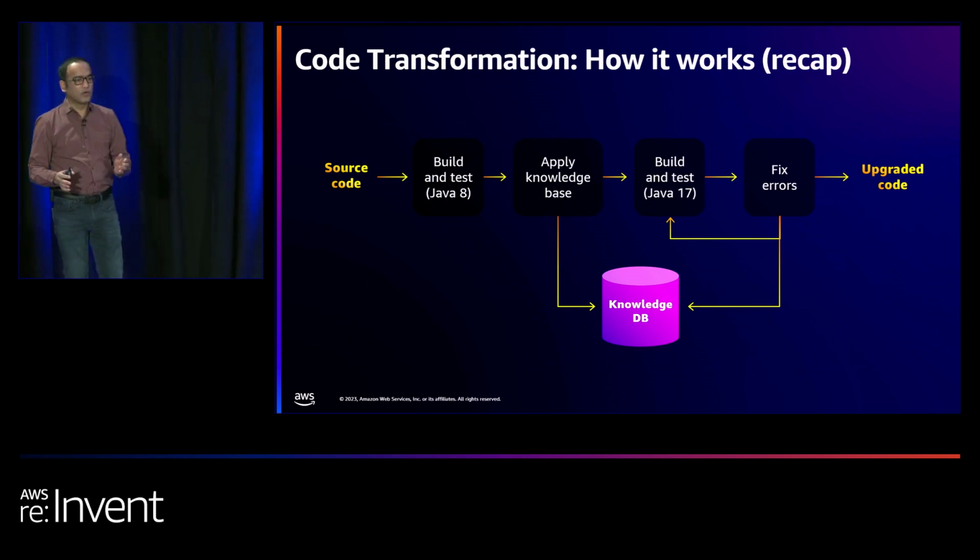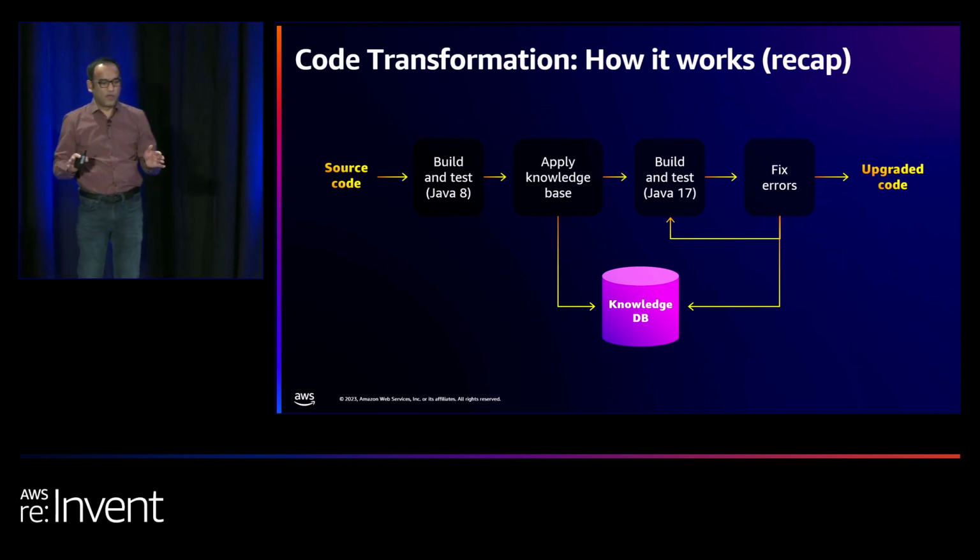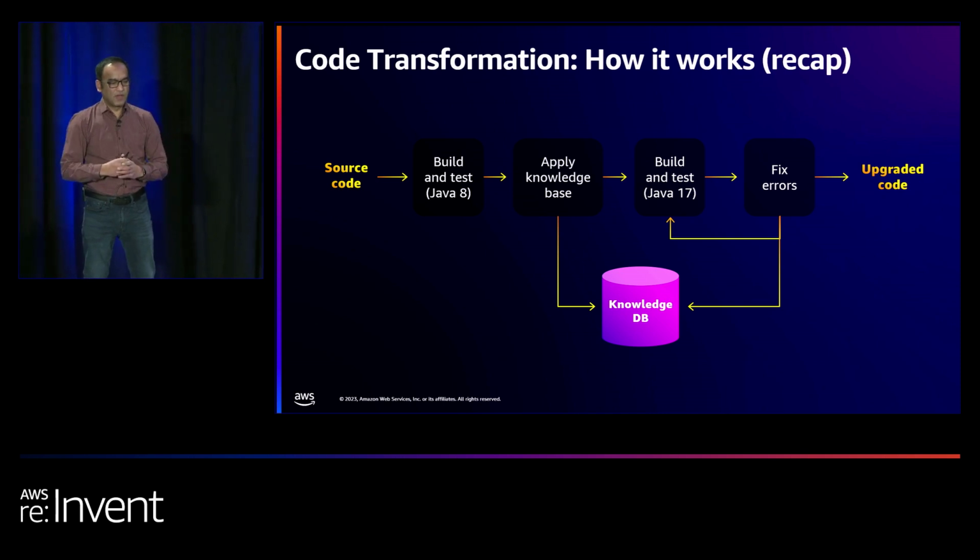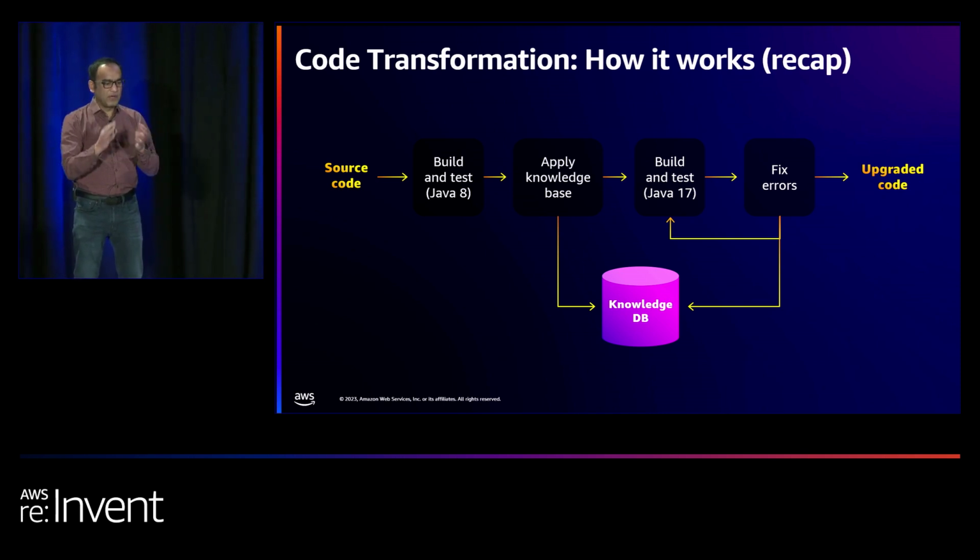All right, so I walked through a 50,000-foot view of how the overall system works. We took the source code, and we built and tested using the Java version that you built your application on. We applied a knowledge base, but as we saw, that's often not sufficient.